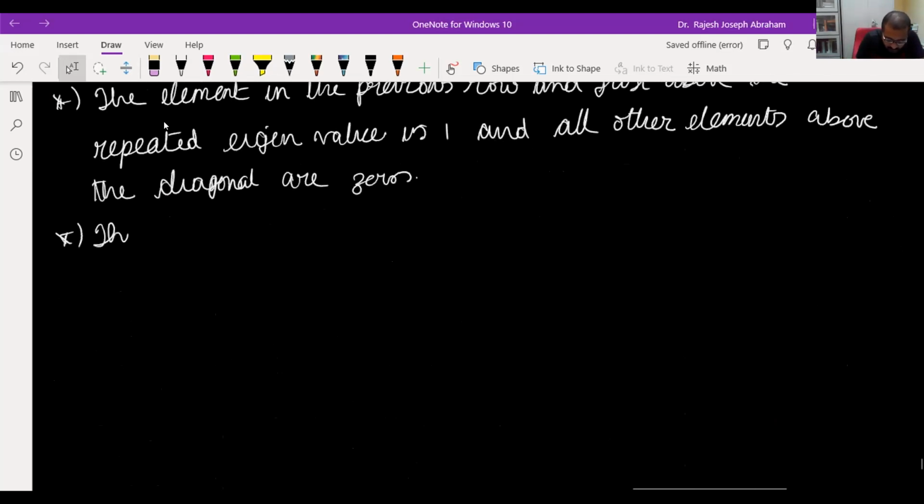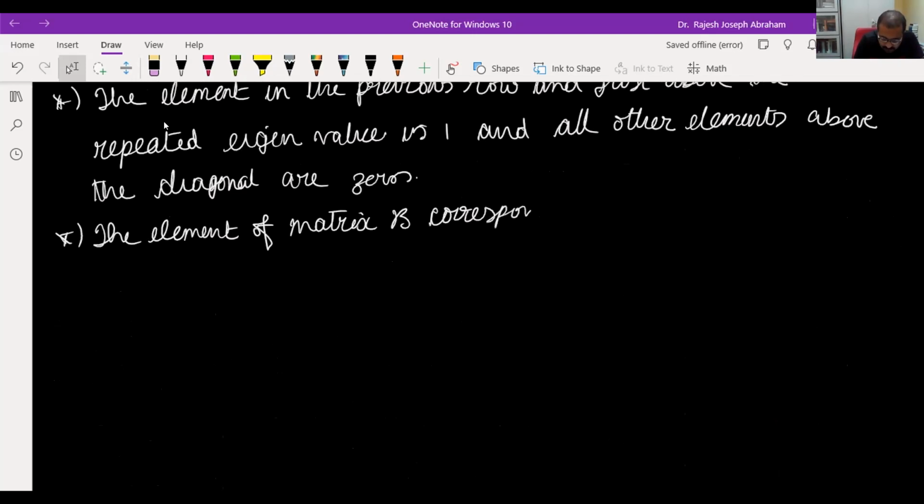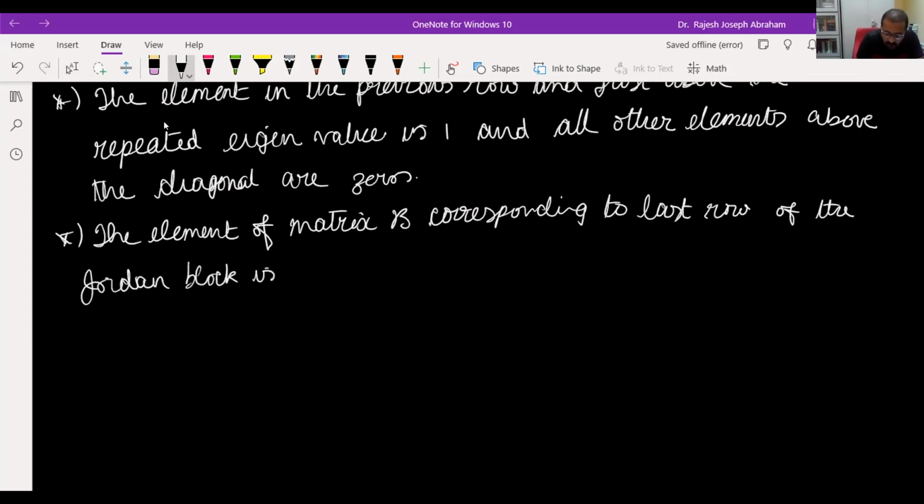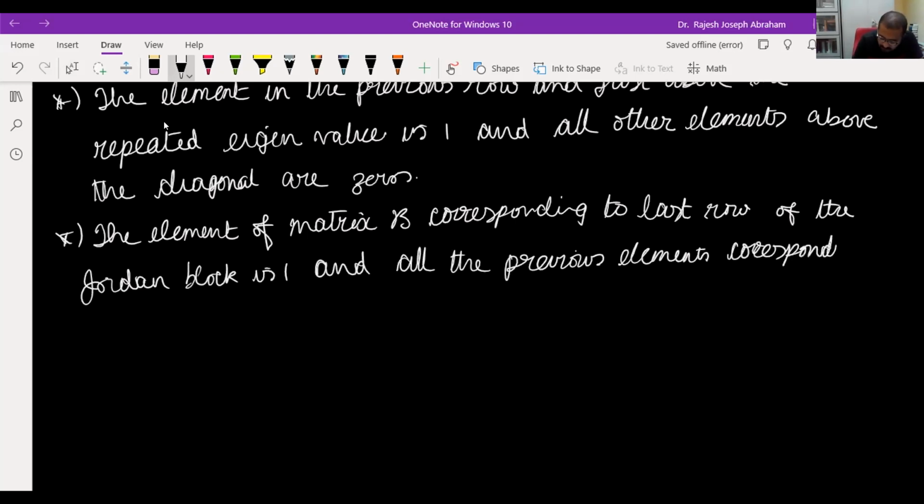The element of matrix B corresponding to the last row of the Jordan block is 1, and all the previous elements corresponding to each row of the Jordan block are 0.